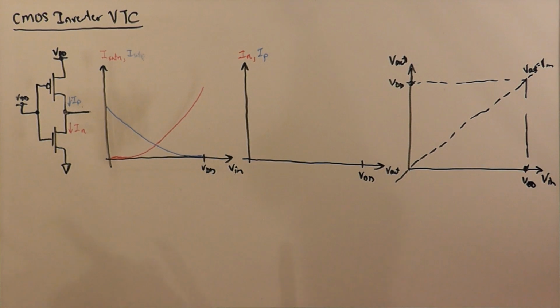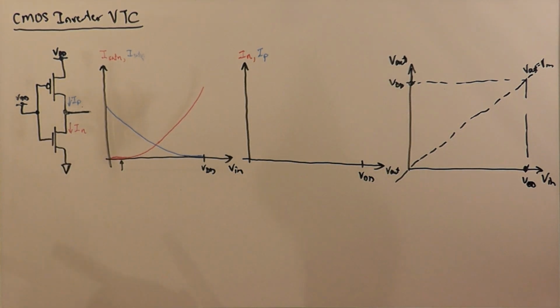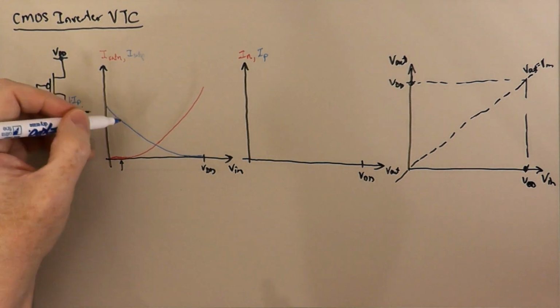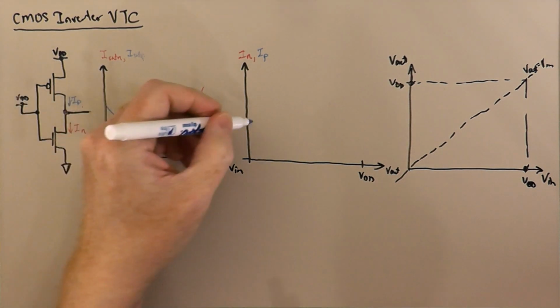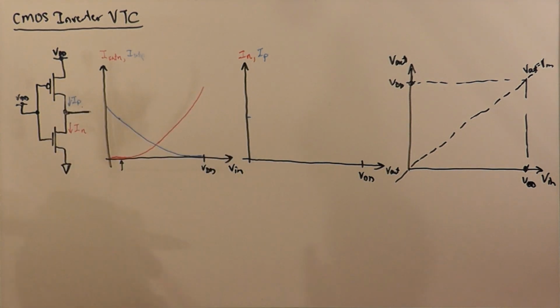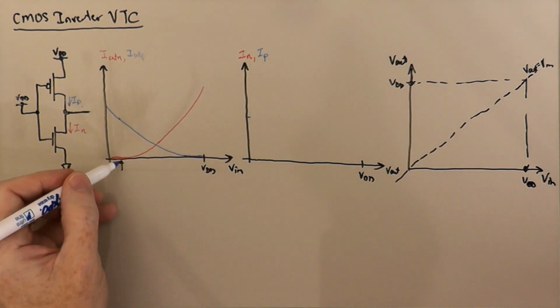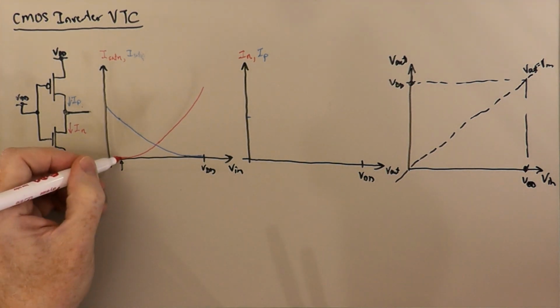Okay? So let's imagine that we're somewhere down here with VG. Okay? So here we have a saturation current in the PMOS transistor of about here. Okay, so we'll transfer that over here. And we have a saturation current in the NMOS transistor, which is way down here.